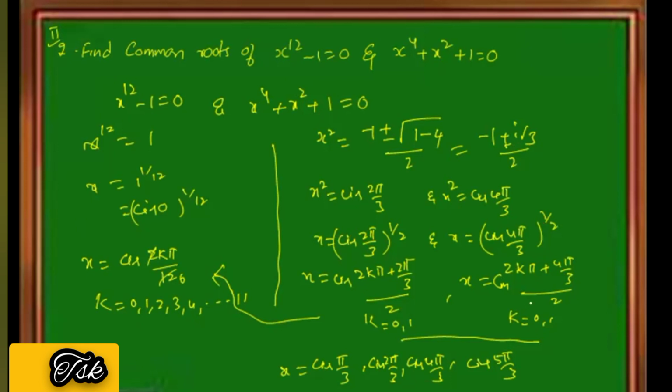For k equal to 0, we get cis π/3, and for k equal to 2, we get cis π/3. For k equal to 1, this becomes cis 4π/3, and for k equal to 4, we get cis 4π/3. So this is the method of finding the four roots.